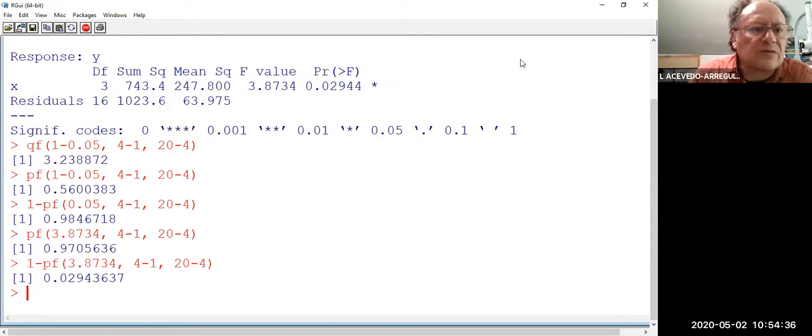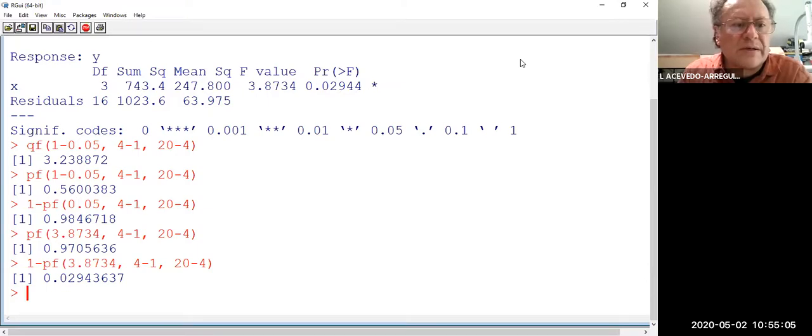Okay, the formula is 1 minus PF of F. So my mistake was I was using alpha again, but when we are computing the p-values, as we did in the past, we need the test statistic, not the significance level. So it's 1 minus PF of 3.8734, which was the value of F that we obtained from the table. Then I minus 1 is just 4 minus 1, and N minus I is just 20 minus 4.